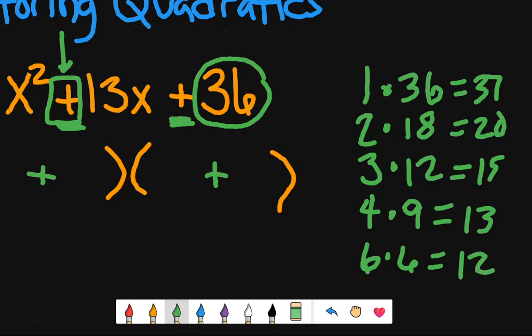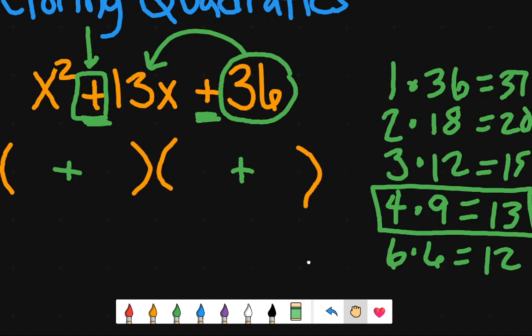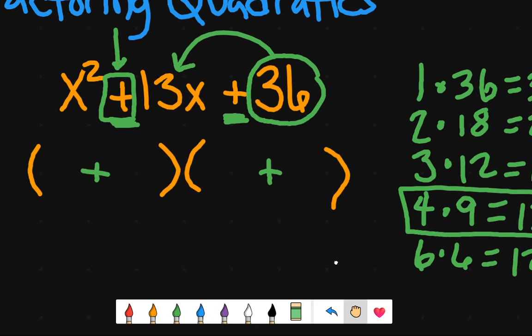And remember, we want to be able to add those two factors together to get 13. Okay? So the answer to this would be 4 and 9. These are the factors that we're going to use inside of our binomials to get a product of 36 and a sum of 13.